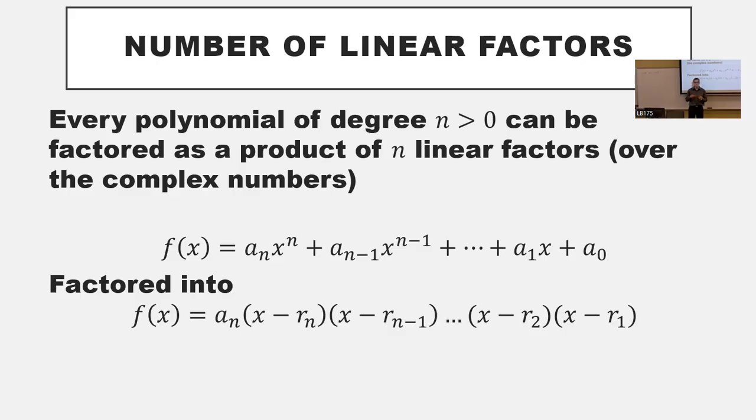So you might have x plus 2 as one factor, and then x plus 2 as another factor somewhere else. But every polynomial of degree n can be factored into n linear pieces as long as we're allowing complex numbers.